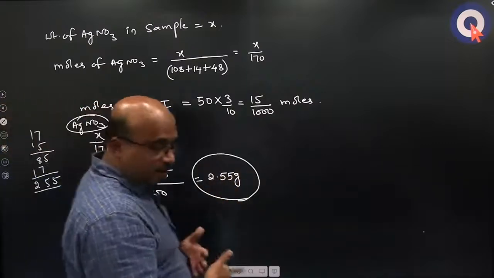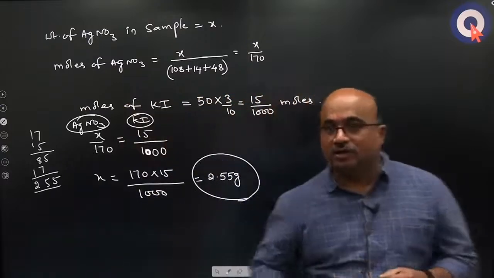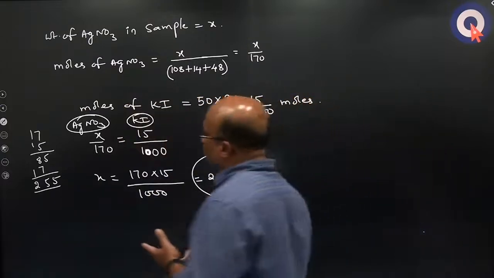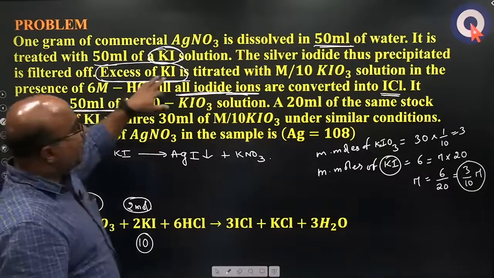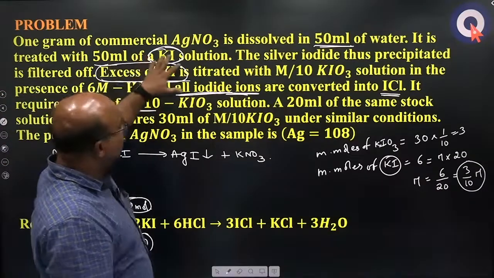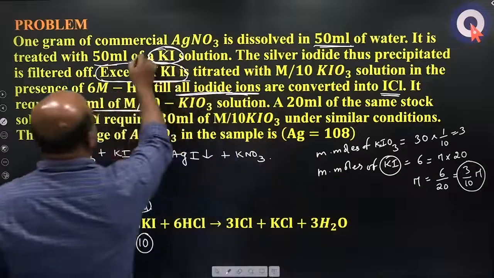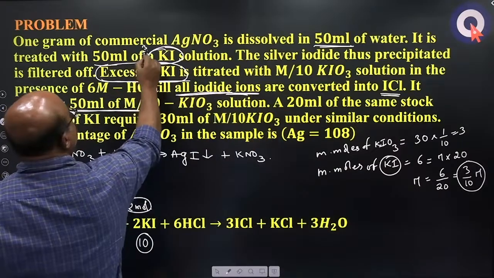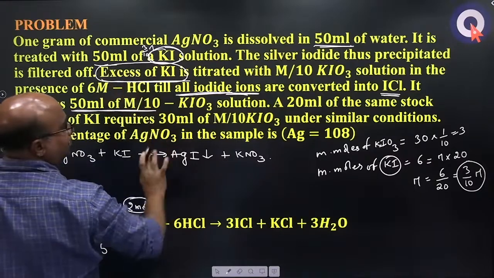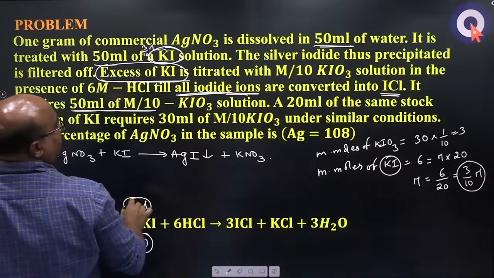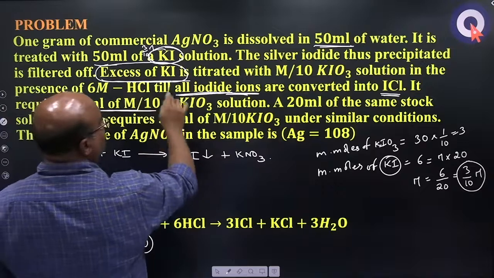So maybe this is the thing, let us see, because I don't see in this excess KI, which means we added this M by 10 solution here, but only some part of it was consumed. And how much of that was consumed?